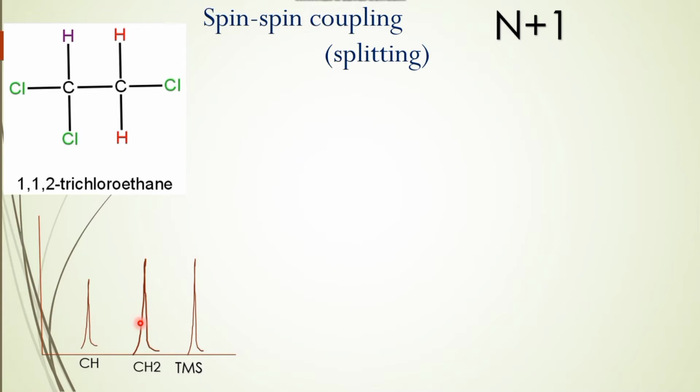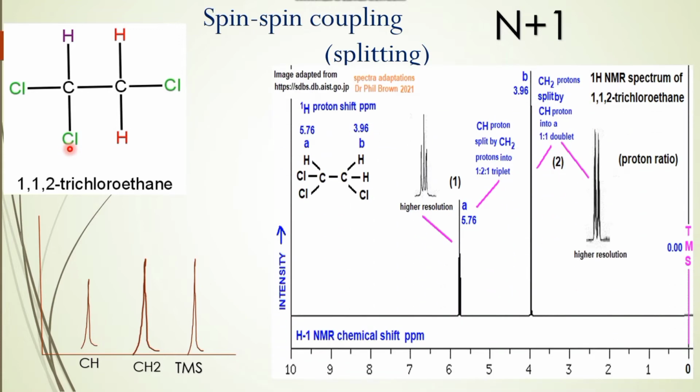This is because of the de-shielding effect. Under high resolution, in place of that single peak, we get peaklets. For CH2 we have a doublet, and for CH3 we have a triplet, 3 peaks here, 2 peaks here.